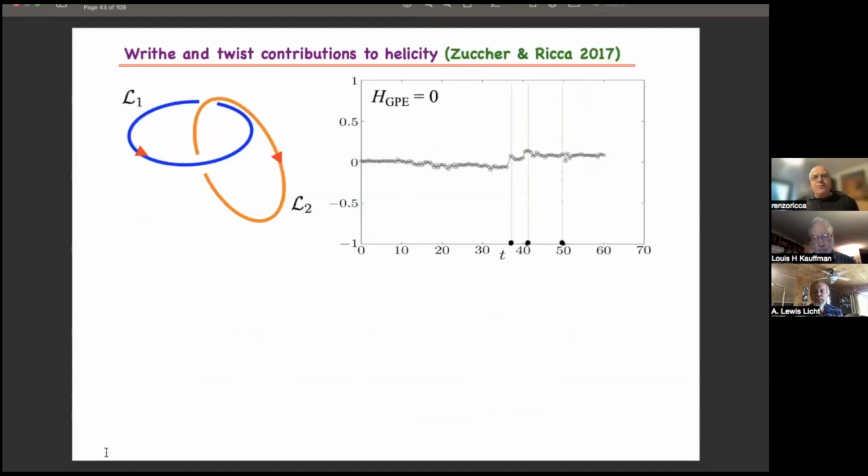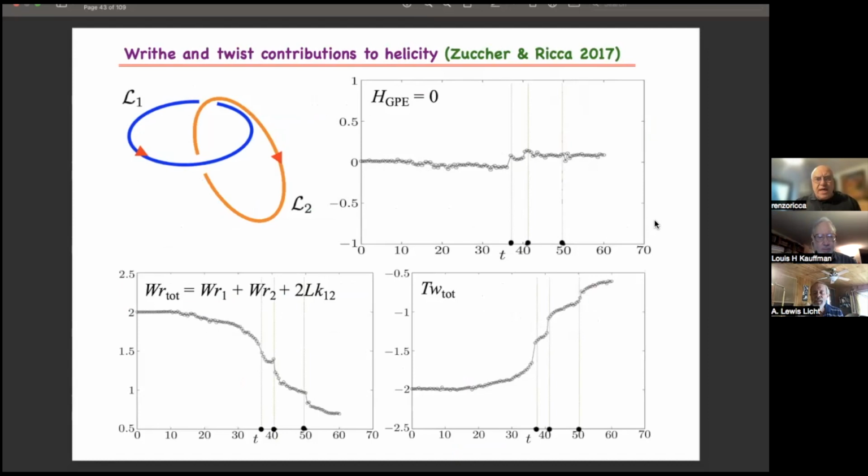Okay, as a numerical proof, it was done already in 2017 that indeed total helicity remains 0 throughout the evolution. You see these dots here, and they are just marking the times where we have reconnection and the link changes into two loops and then eventually three loops.